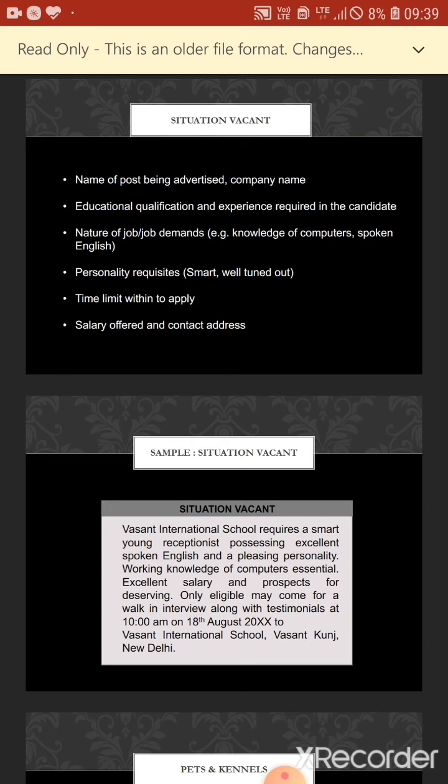The qualification should be mentioned clearly. If we require experience, it should also be mentioned. Nature of job demands: accordingly, certain additional qualifications can also be mentioned, like knowledge of computers, spoken English, and so on.